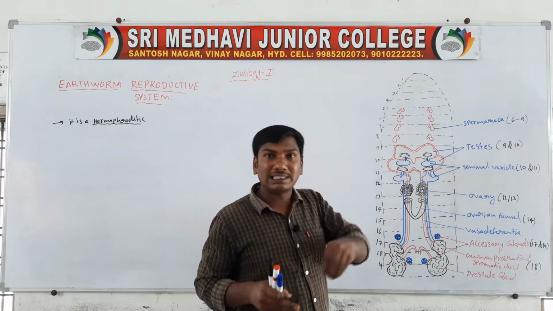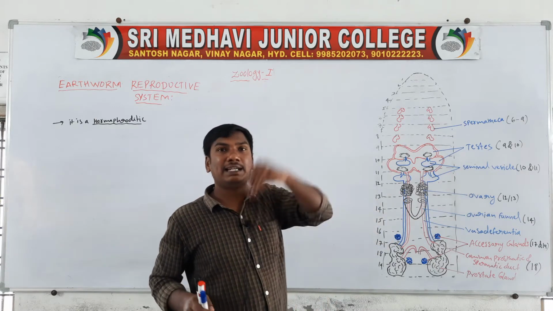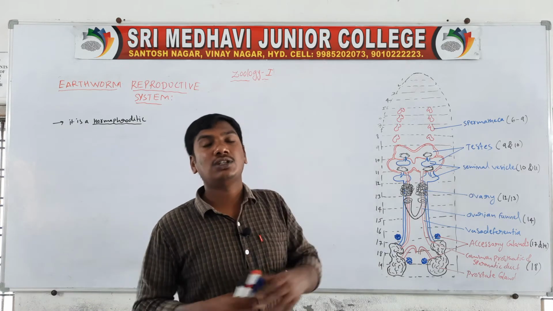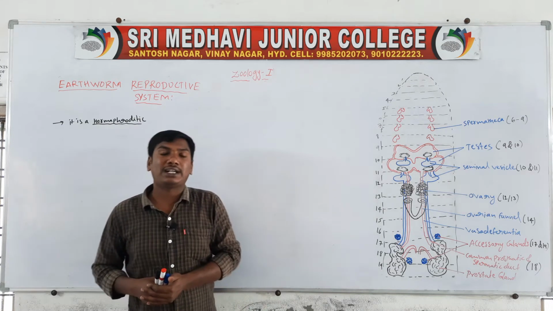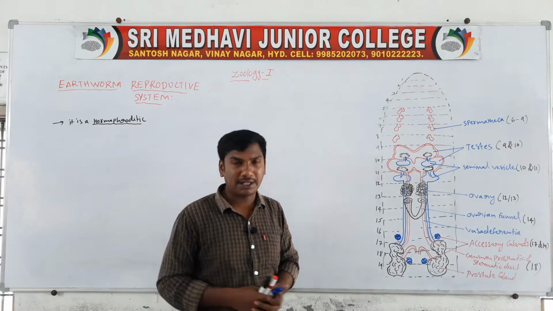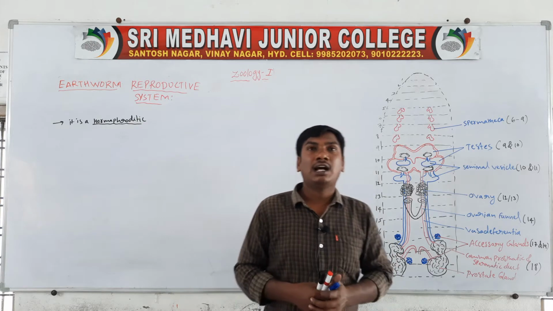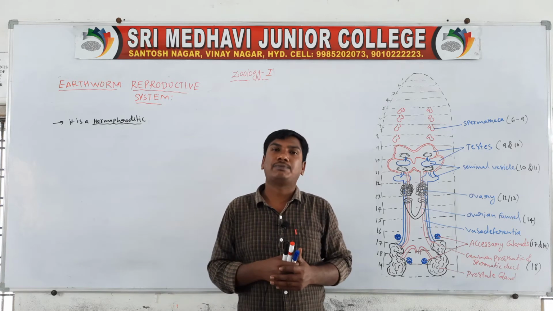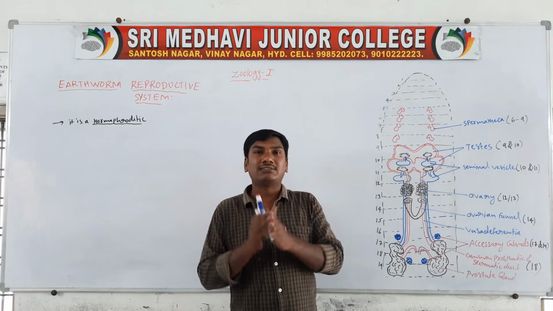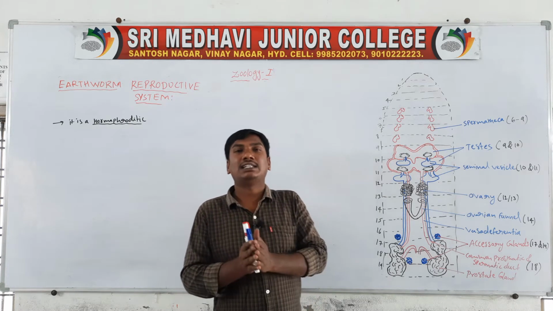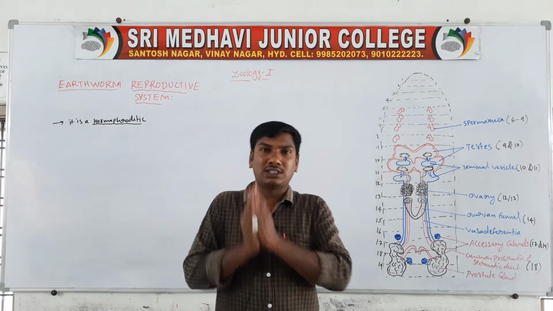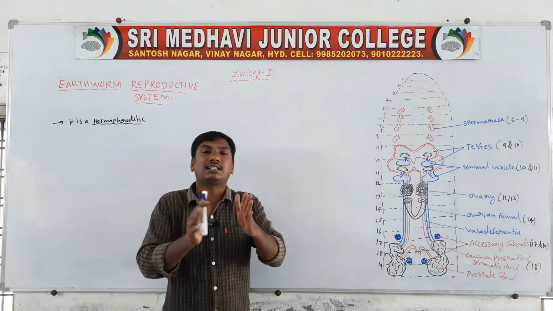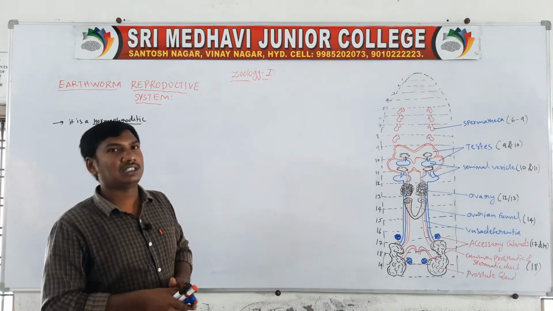These types of animals are called hermaphroditic or dioecious. So how do we identify male and female earthworms? The answer is that there are no separate male and female organisms; a single organism contains both.